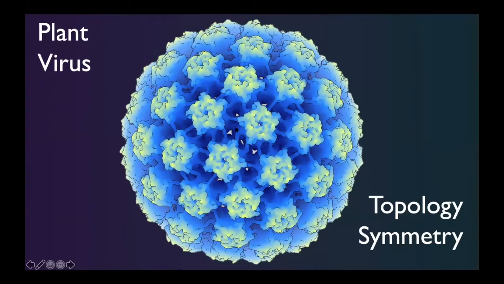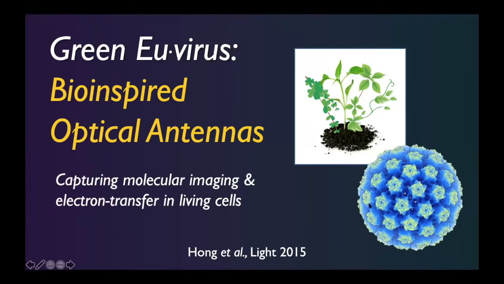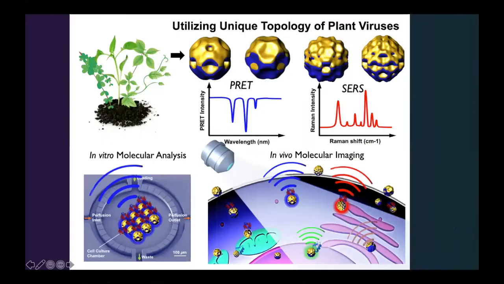Using this kind of nanoscale structure, we are making a green optical antenna. So you can harvest and capture light, and then coat it with a metal layer so that you can use it as a sensor or gene delivery system. You can use it as both a therapeutic as well as a diagnostic platform using this nanoscale sensor made from plant virus.